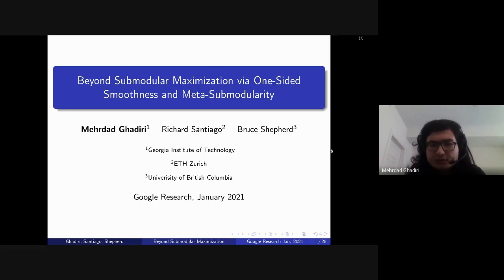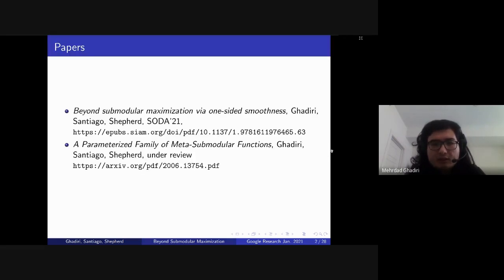This is joint work with Richard Santiago and Bruce Shepherd. The talk focuses on these two papers, but the main focus is the first paper. I mention some definitions from the second paper as well, because the second paper is the discrete version of the first paper, and maybe the discrete definitions are easier to understand.